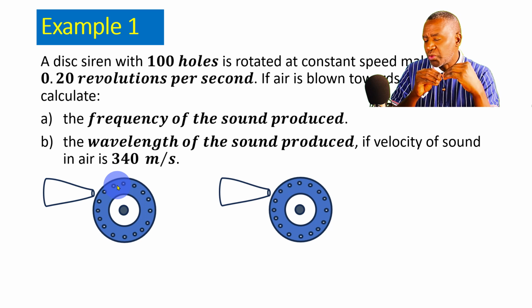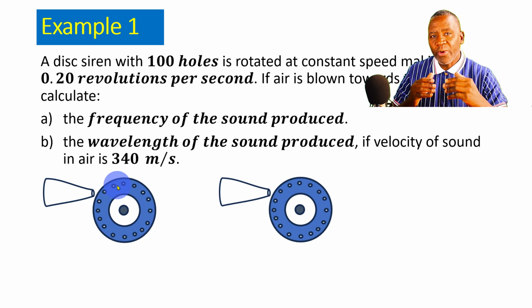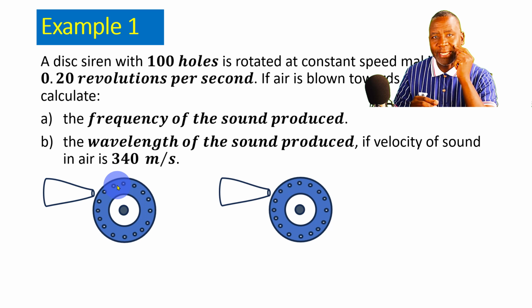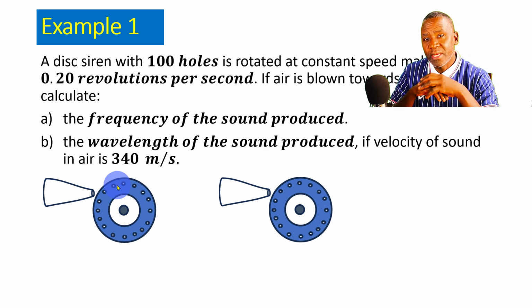If we are told that the frequency of a wave is 5 Hz, it means that there are 5 repetitions in 1 second. If we are given that it is 10 Hz, it is 10 repetitions in 1 second. If it is 100 Hz, it is 100 repetitions in 1 second.